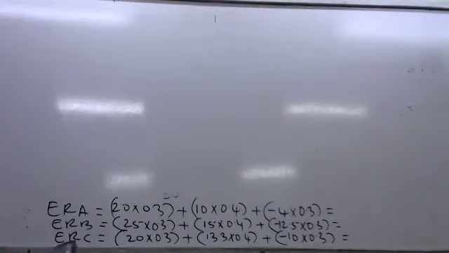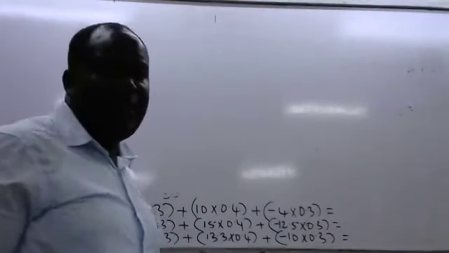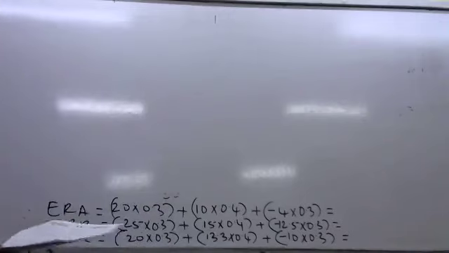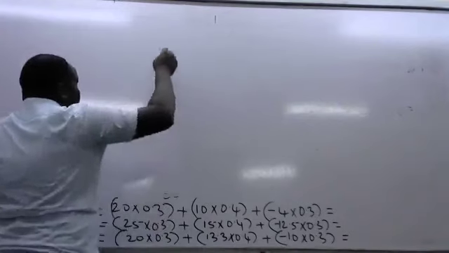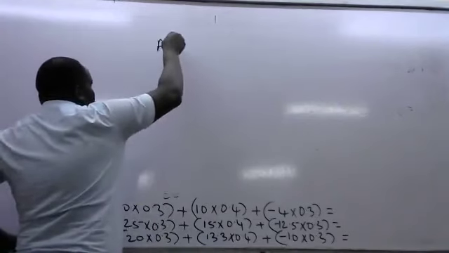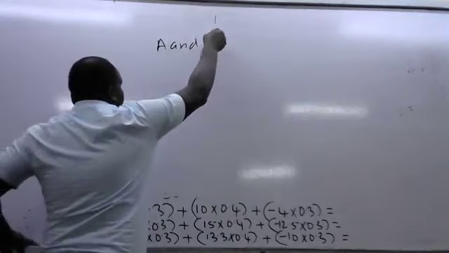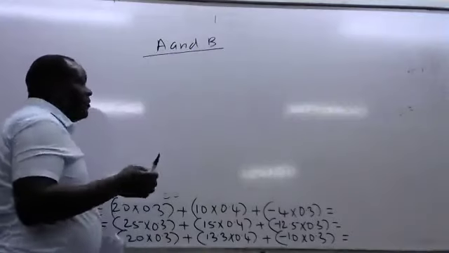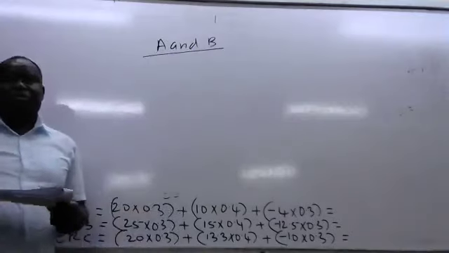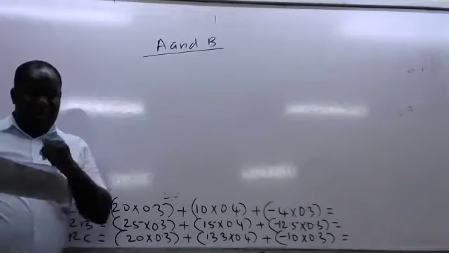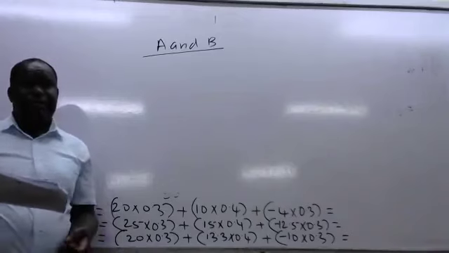So we combine them according to what they have given us at that level. So our first combination should be between A and B.